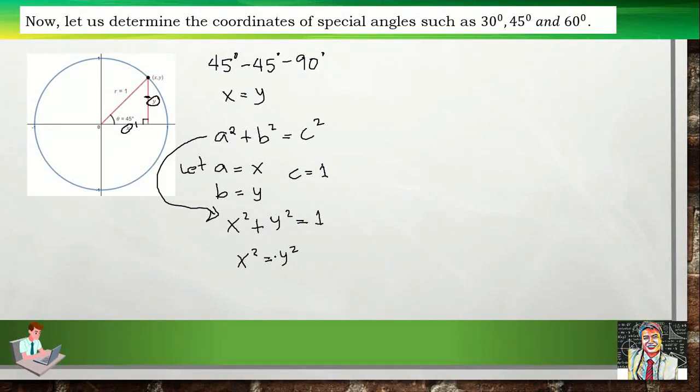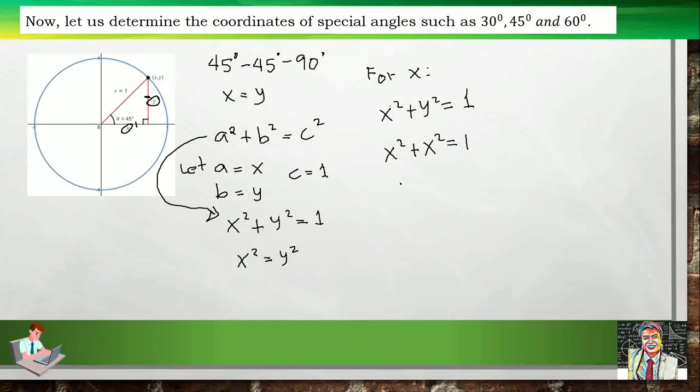Pwede kong palitan yung variable niya ng bawat isa kasi equal naman siya. So, for value of x, papalitan ko yung y squared ng x squared since equal sila. Therefore, this is x squared plus x squared is equal to 1.